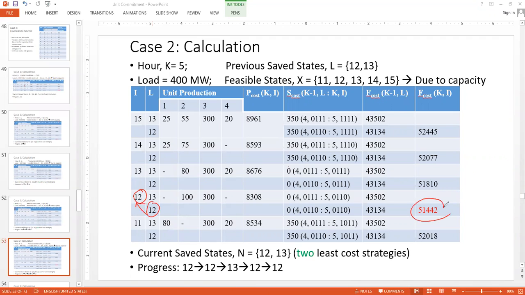So this one is the minimum, highlighted by red text. And the two minimum costs are again 12 and 13. This is for 12 and this is for 13. So again, we save these two, 12 and 13. The progress is like this up to hour 5. Let's go to hour 6.